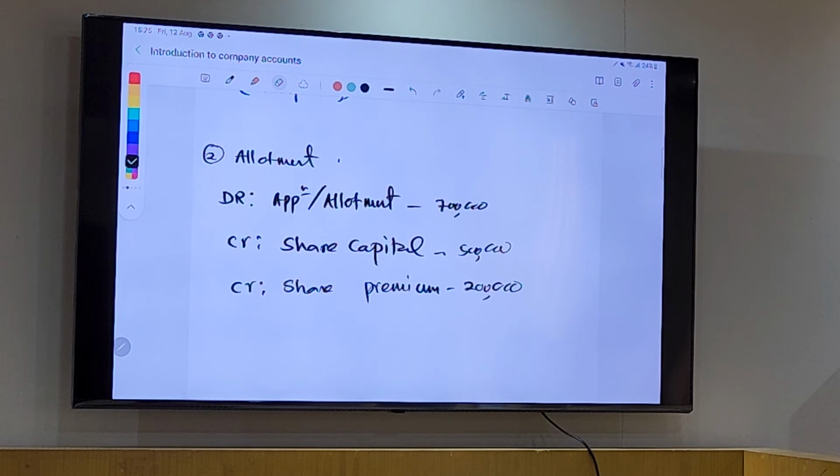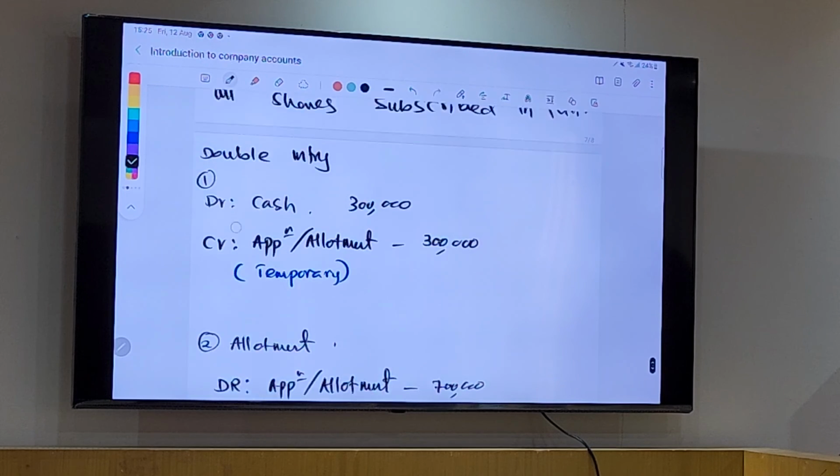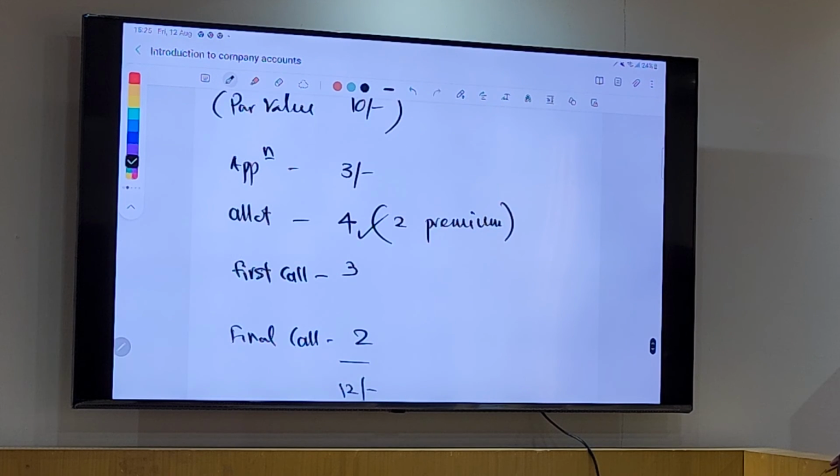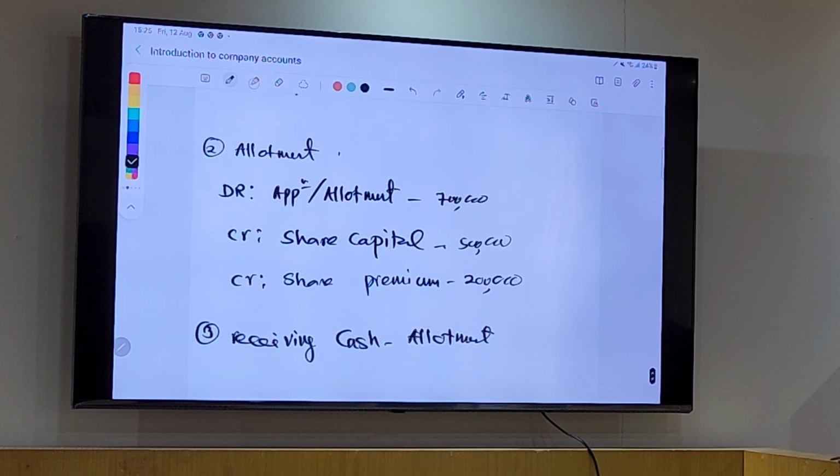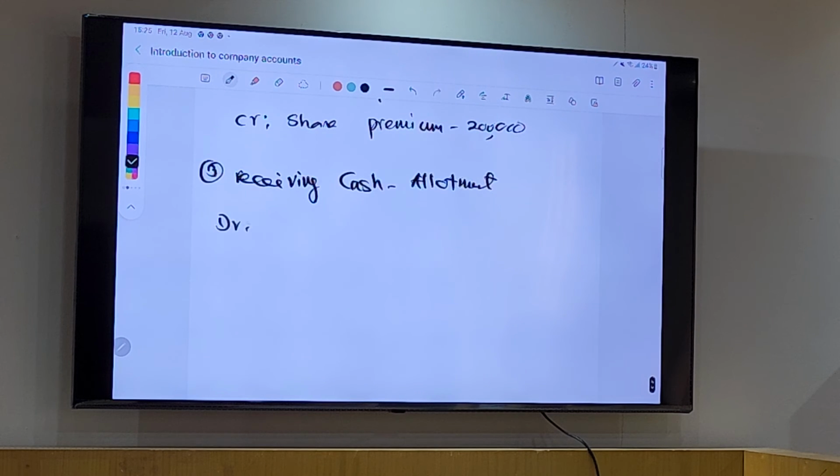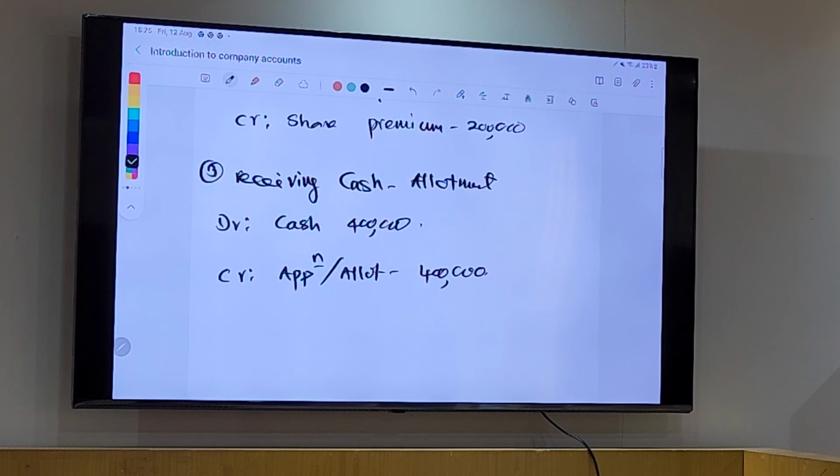So entry number 3 will be receiving cash for allotment. How much will I receive? I will receive cash only 400,000. 4 into 100,000. So I will debit cash 400,000 and credit application and allotment. Now the account is closed.